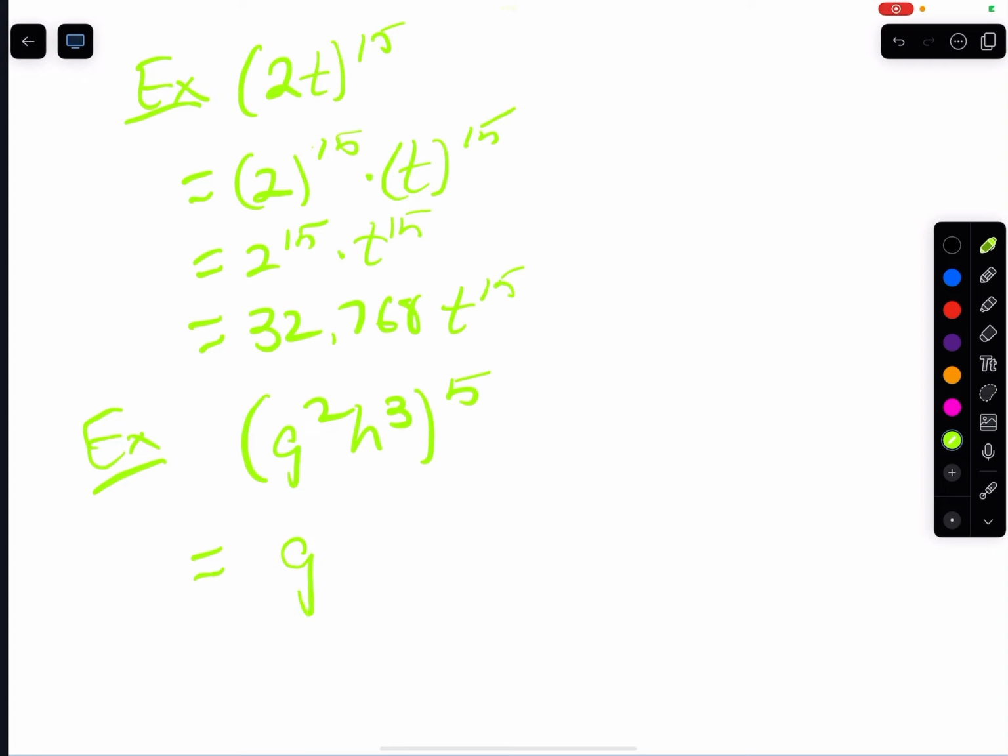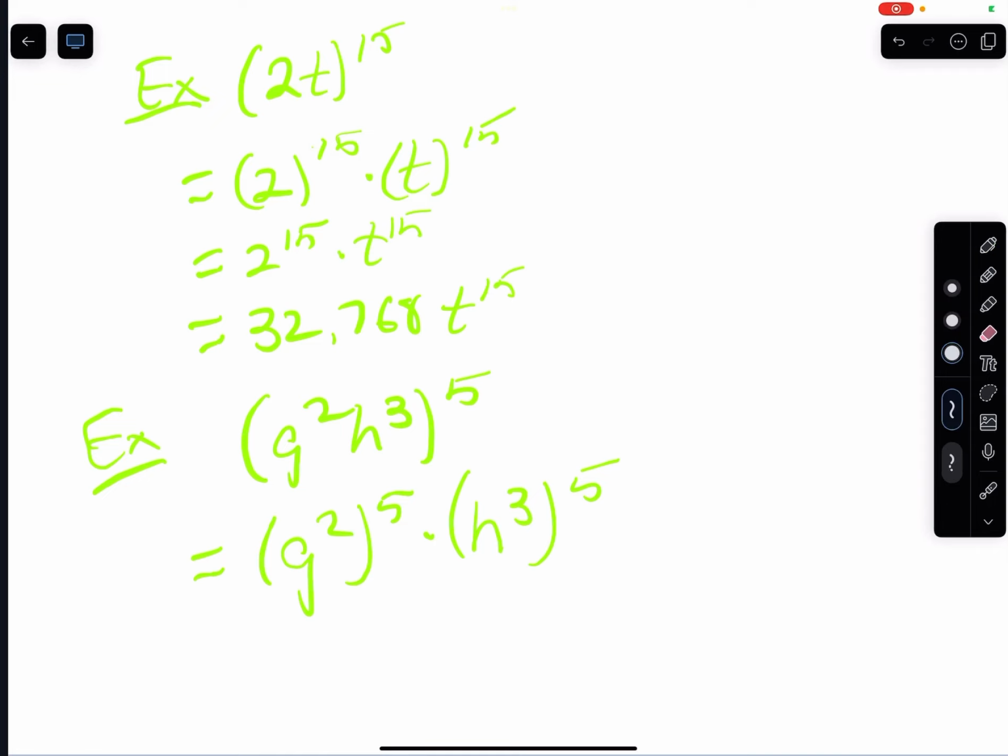So this means that we have g squared raised to the 5th power times h cubed raised to the 5th power. Well, this creates another step for us because now we have something raised to a power that is then raised to a power. What rule does that get us to?